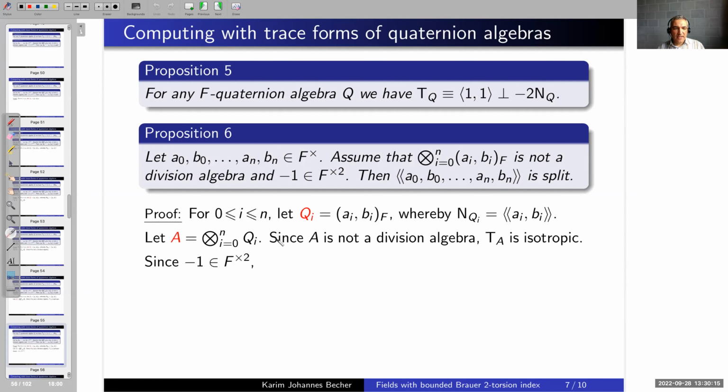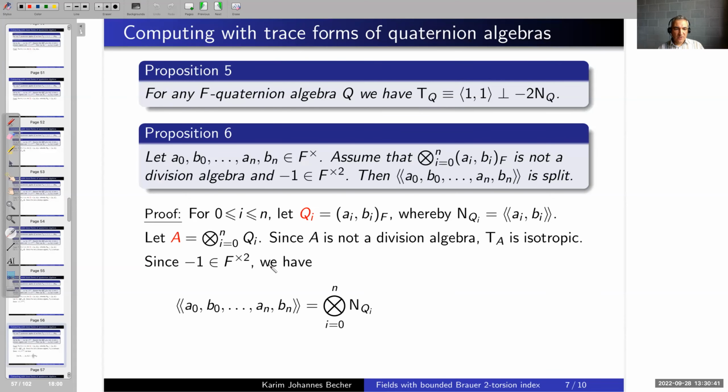Now, on the other hand, since minus 1 is a square, and if we look back now at this relation, we can already kill this minus sign here, it doesn't matter, but also this form here disappears. It's a hyperbolic plane, so we really get the trace form of Q is 2 times the norm form of Q, just scaled by 2. So the trace form and the norm form of the quaternion algebras are almost the same.